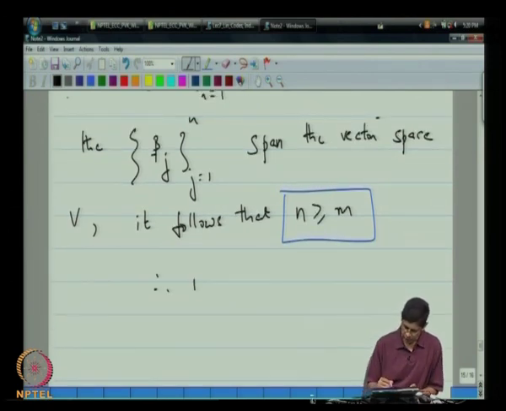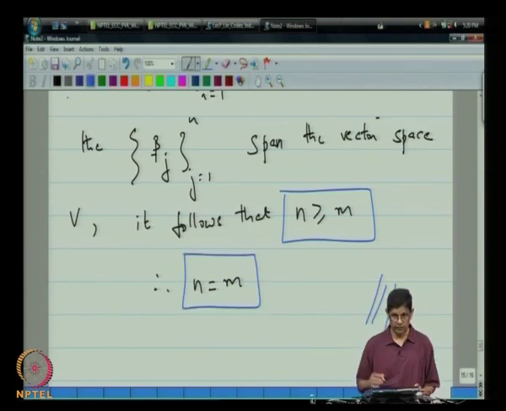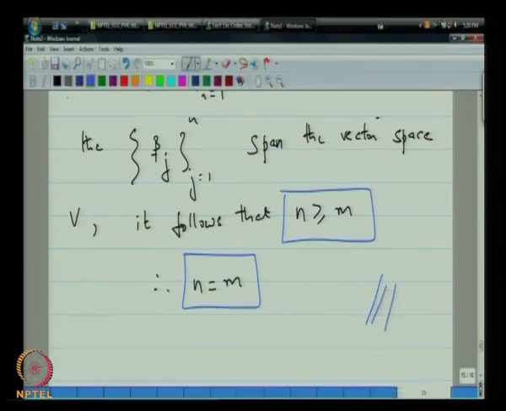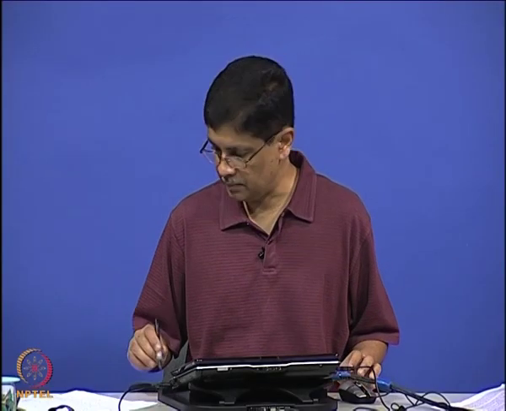Therefore, n equals m and we are done. Okay, so that proves the theorem that any two bases must contain precisely the same number of elements.